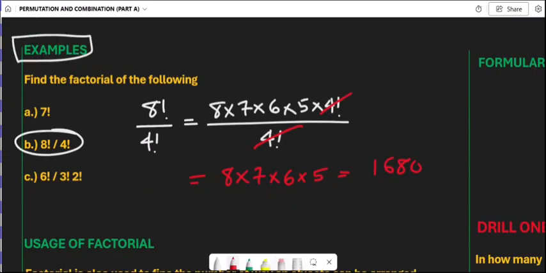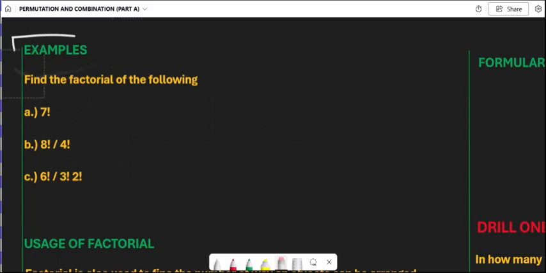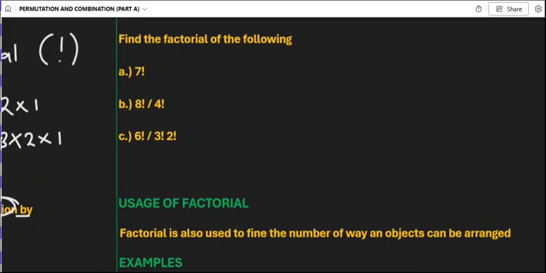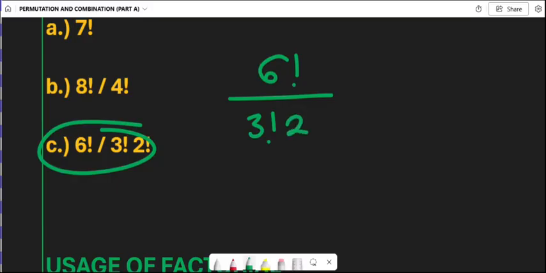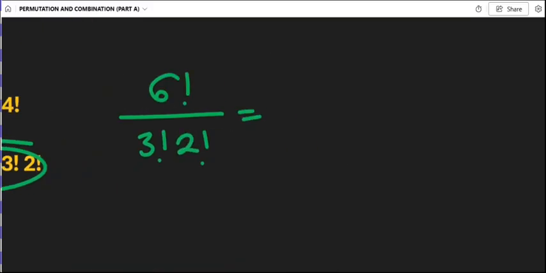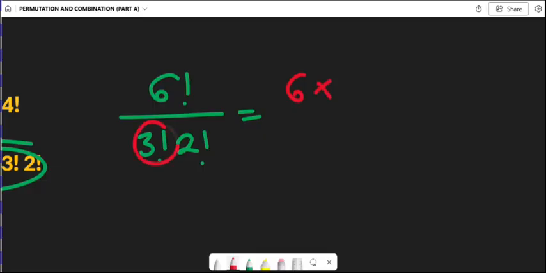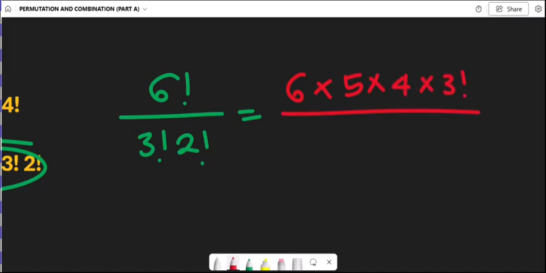Looking at the last example, we have 6 factorial divided by 3 factorial divided by 2 factorial. So that means 6 factorial all over 3 factorial times 2 factorial. Like I told you, you write the 6 down until you get to 3, which is the highest denominator. So I'm going to have 6 times 5 times 4 times 3 factorial, all over 3 factorial times 2 factorial. Here the 3 factorial cancels out.